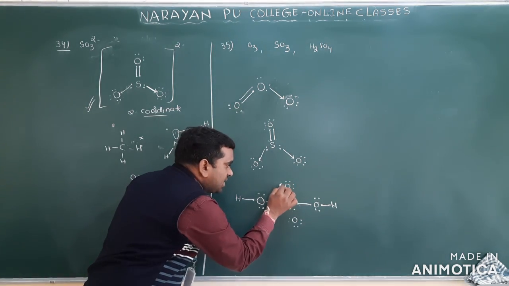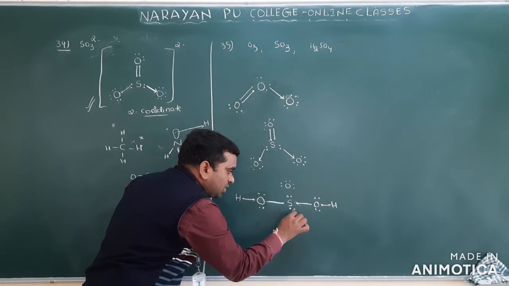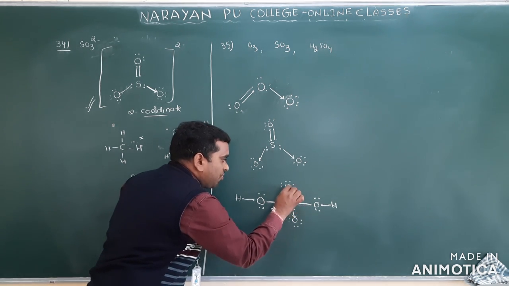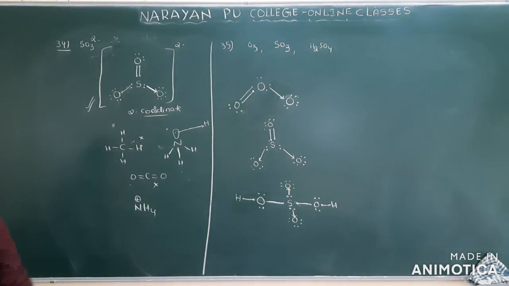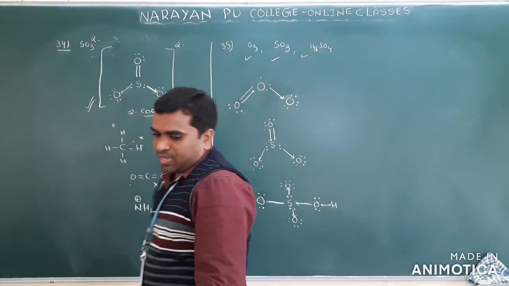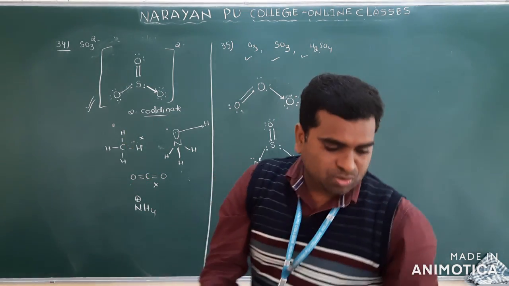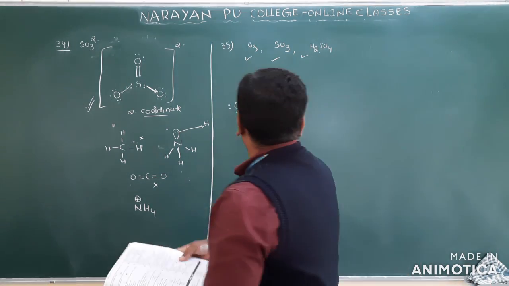No. This oxygen has 6 electrons, and this oxygen also has 6 electrons. So this sulfur donates a pair of electrons, and that is called a dative bond. So all the compounds have a dative bond, and that is your answer. Option 4 is the correct one. Clear? Now 36.